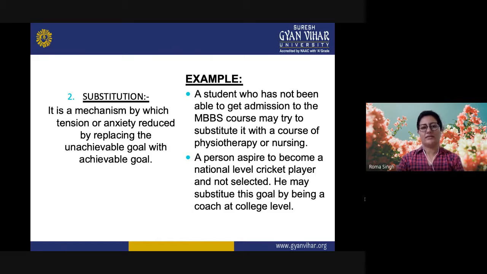So in that case, the person is not able to play at a national level in cricket, and has not even been selected in that team. So he tries to substitute this goal by being a coach, so that he can coach the best students, or the best cricketers, in his academy or in any educational institution. So this is how substitution takes place.